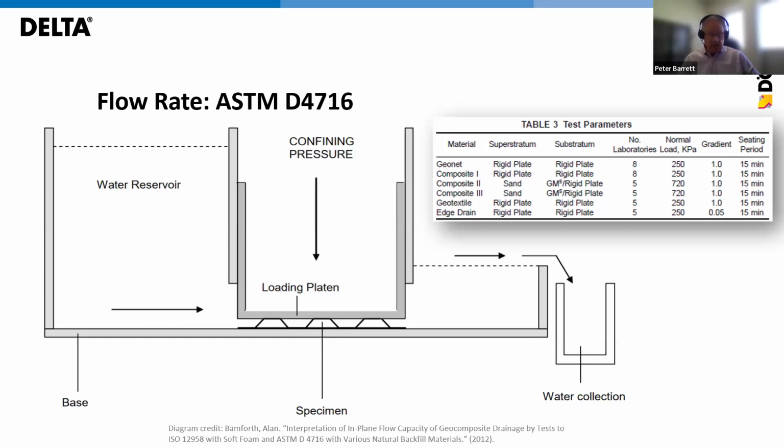Now, there is some subjectivity to this. Third-party testing of drain board products is available in the market using this ASTM D4716M-22, to be specific, test. You can use one rigid plate and one rigid plate.